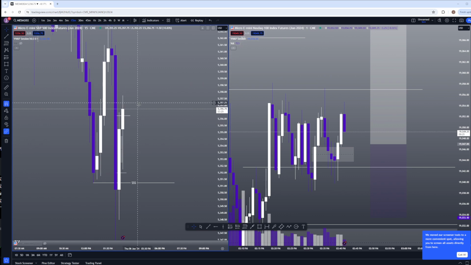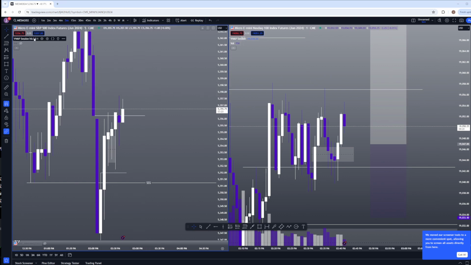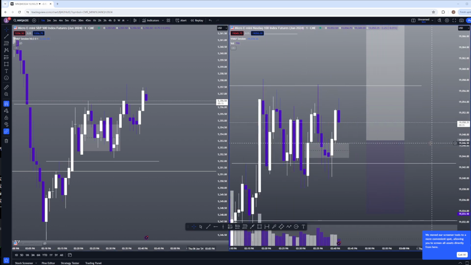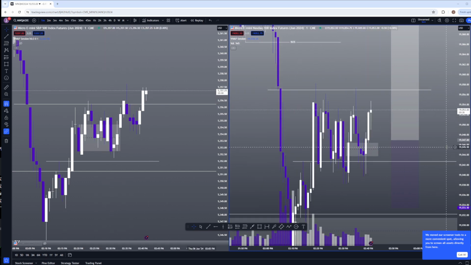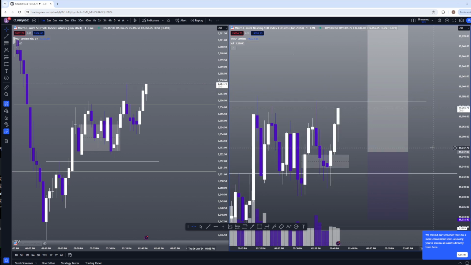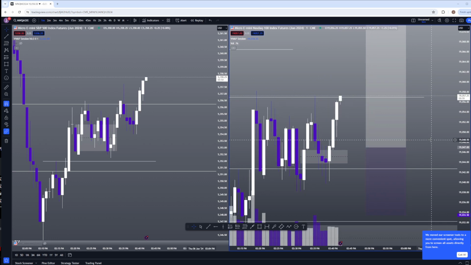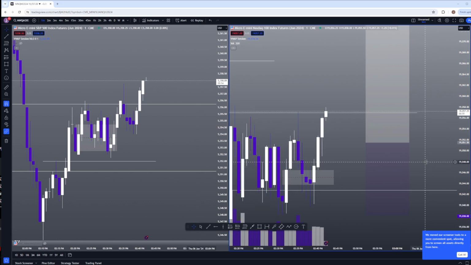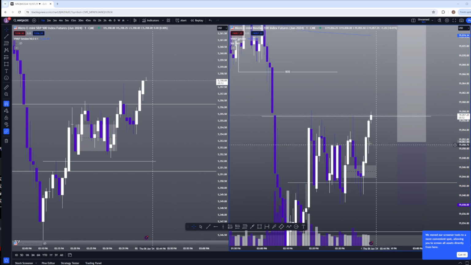ES has touched into that 15-minute imbalance above. But all we have to look at to understand that we have bad price action is just this 1 minute time frame. This is all we have to look at. Okay, so we're going to possibly get some displacement here.